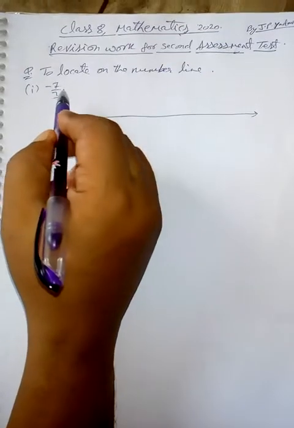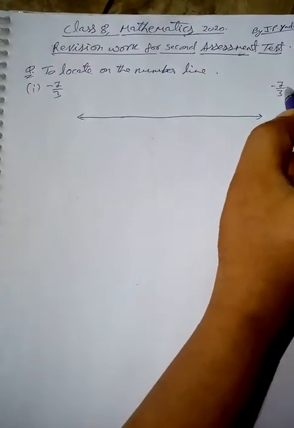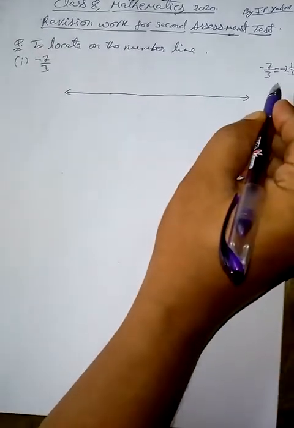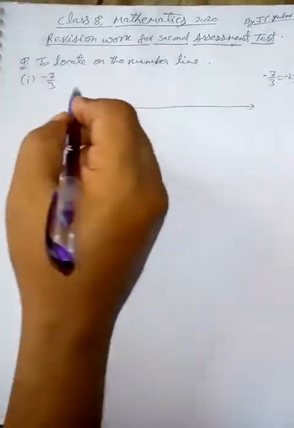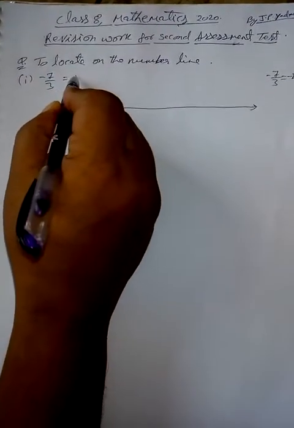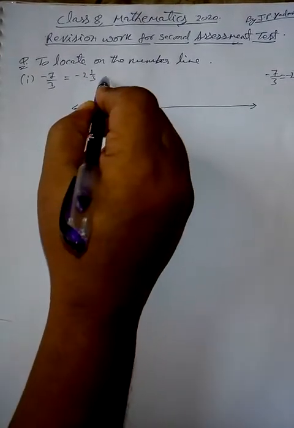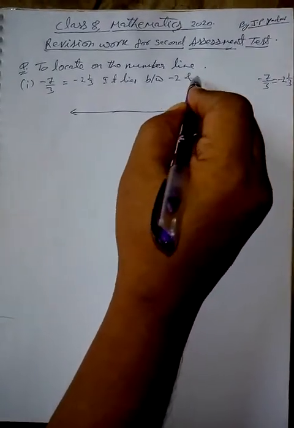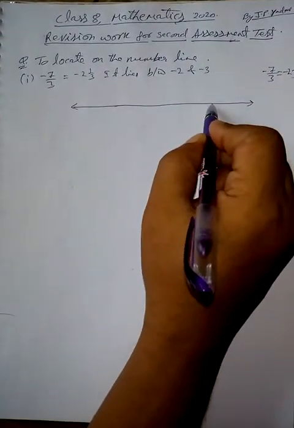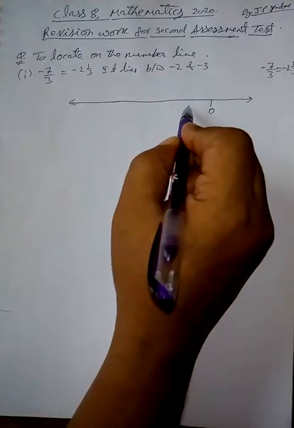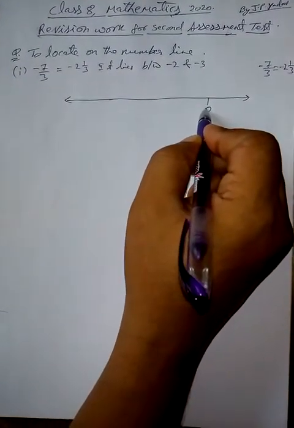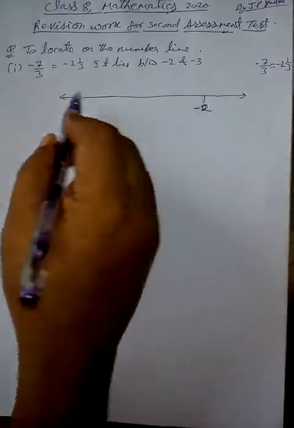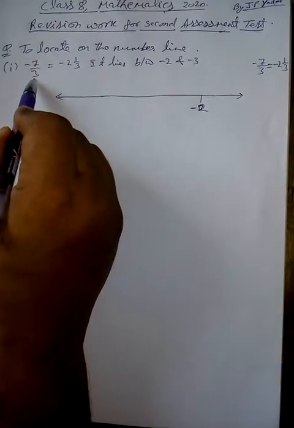So minus 7 by 3 is equal to minus 2, 1 by 3. So it lies between minus 2 and minus 3. So it is better to write here that minus 2, 1 by 3 lies between minus 2 and minus 3. So you start from 0, or you start from here, minus 2, because it lies between 2 and 3, and then make 3 equal divisions, because the denominator is 3.